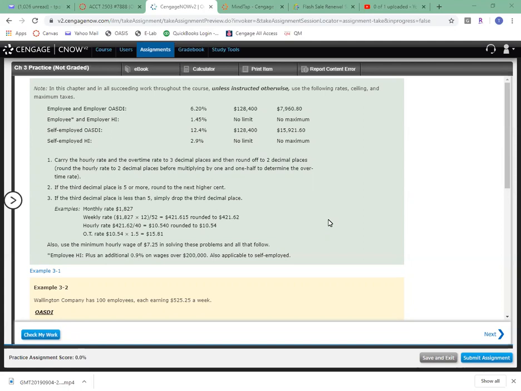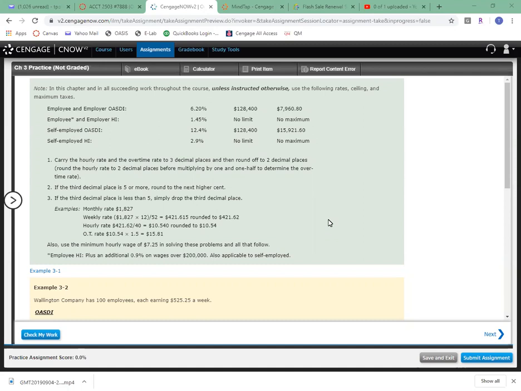On the HI, the Medicare side, they are paying 1.45%. There is no income limit, and there is no maximum amount that they have to pay. In fact, if they earn over $200,000 in wages, then they pay an additional 0.9% of Medicare or HI tax. This applies to both employees and self-employed individuals.